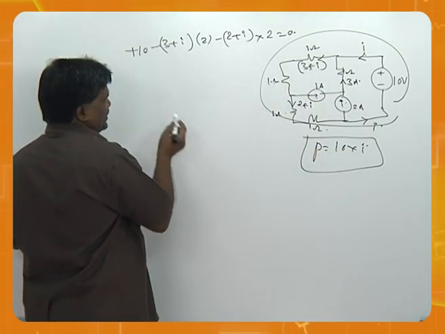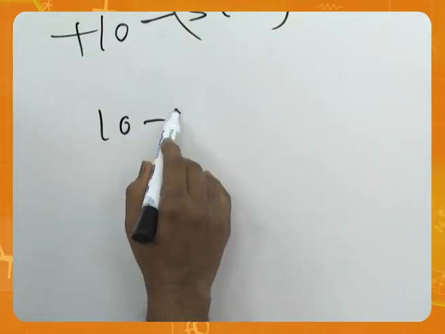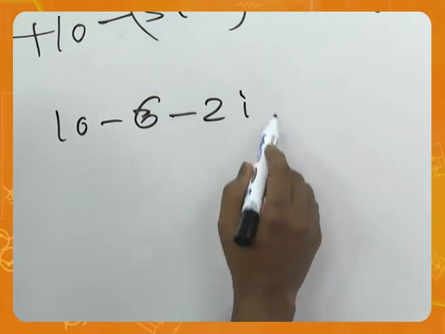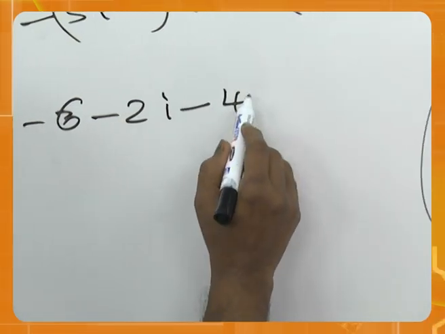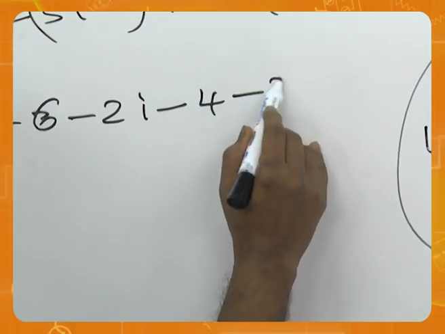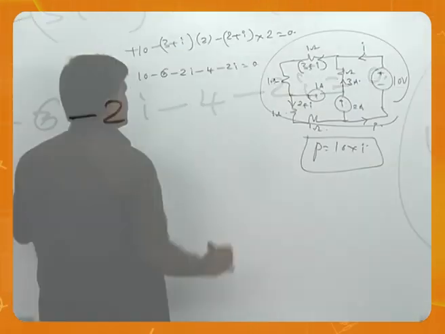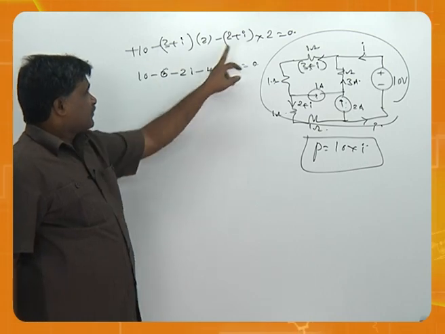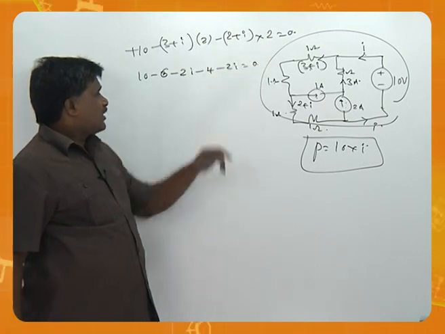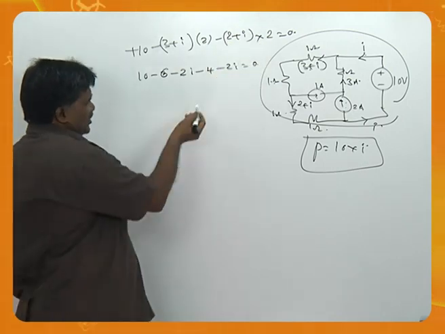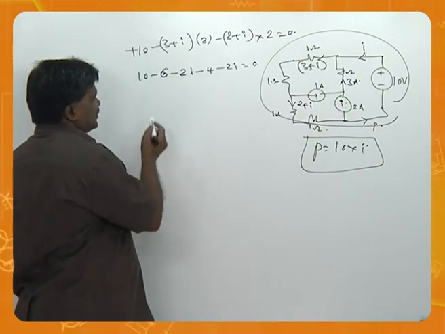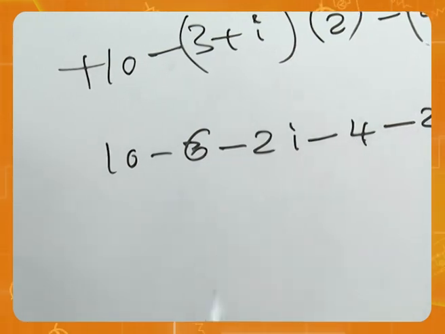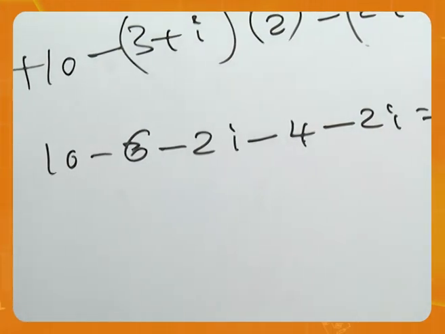So 10 minus 6 minus 2I, minus 4 minus 2I. That's it. I'm just expanding: 6 minus 2I, 4 minus 2I. In the process, will you please calculate it all together? 6 plus 4 is 10, 10 minus 10 is 0.